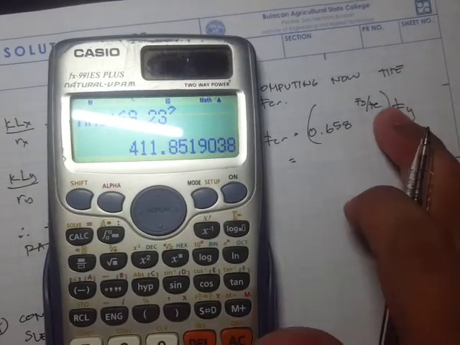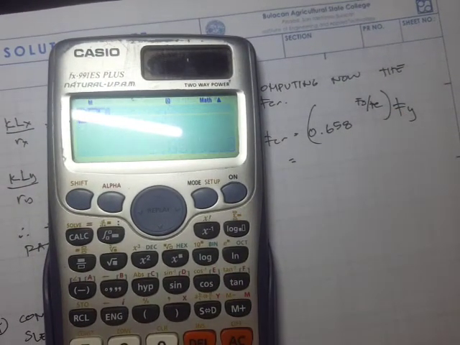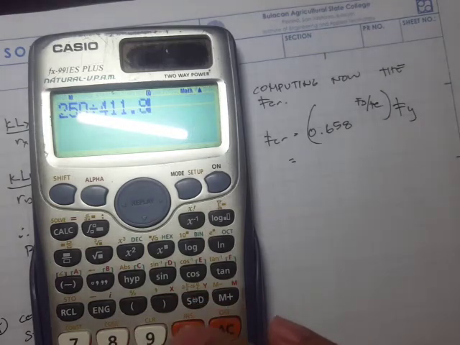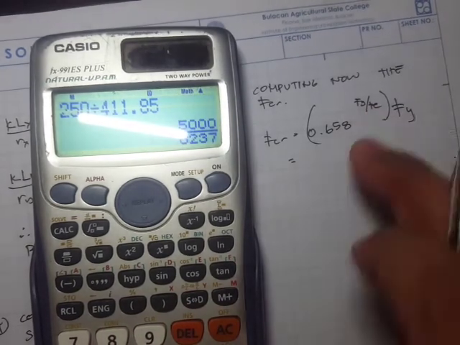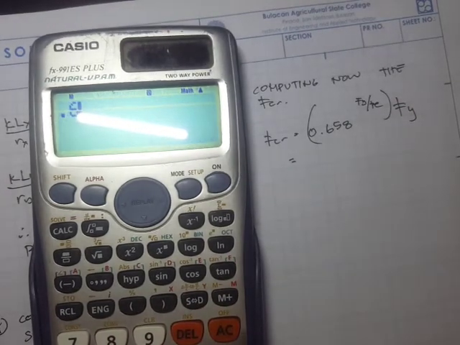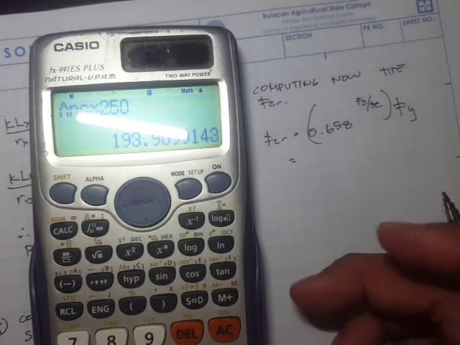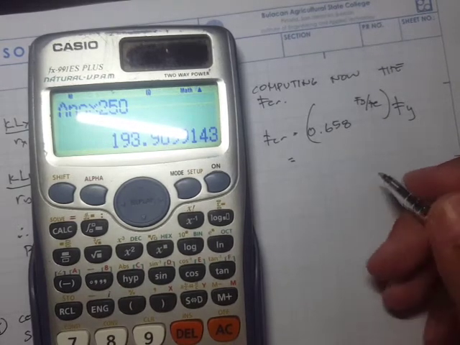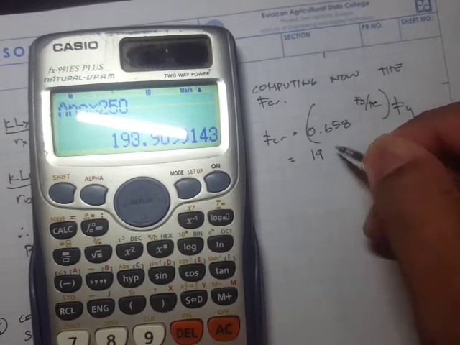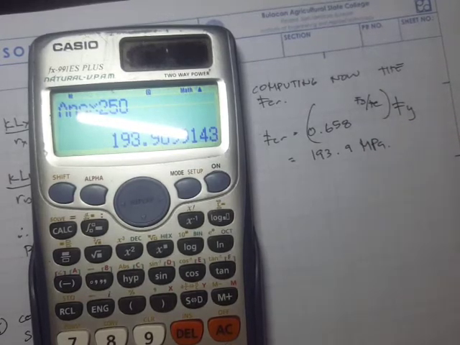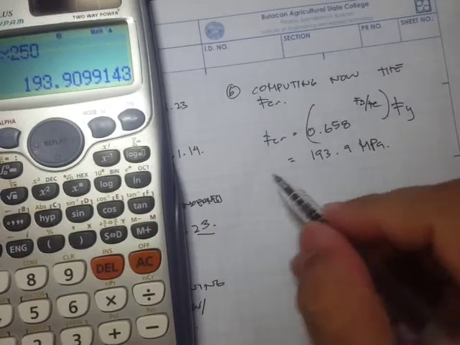Okay, so Fy is 250 divided by our Fe, 411.85. That's going to be our exponent, 0.658 raised to the value times the Fy, 250, and we get 193.9 megapascals. Okay, so that's our stress.